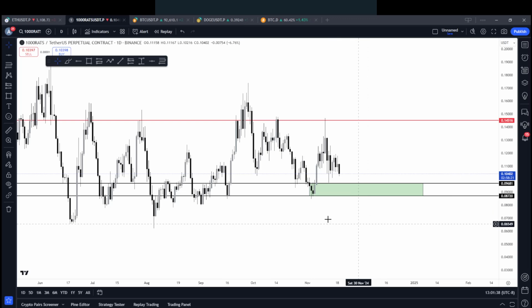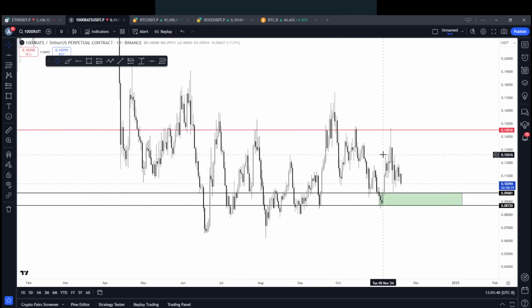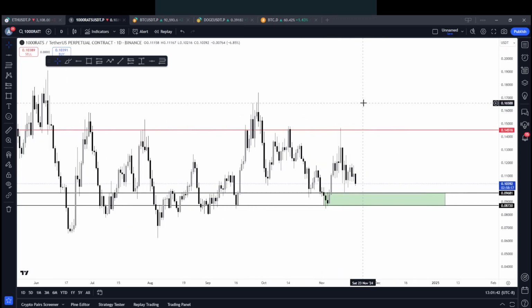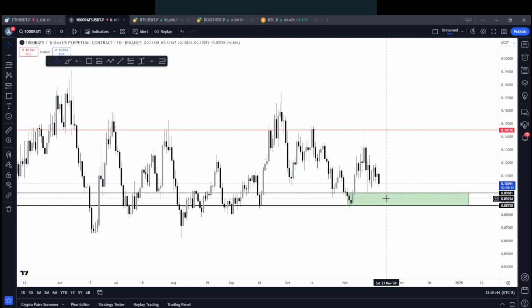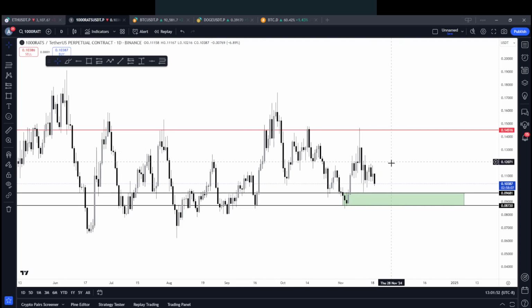That's where you would buy if you're interested in this coin. This chart doesn't look bullish. I don't see any buy triggers unless that is hit. I don't see even conditional triggers above here. These wicks are disgusting, but that's where you would buy. I'm just going to call it rats.